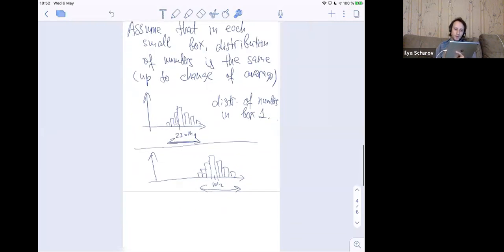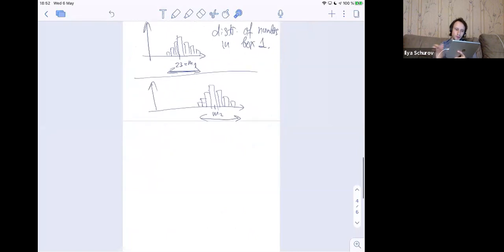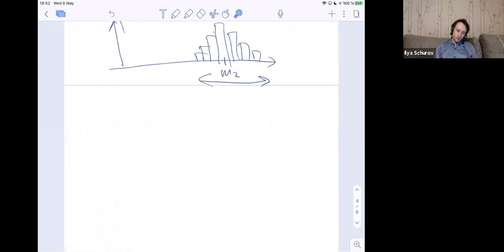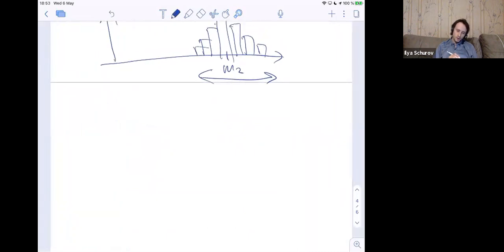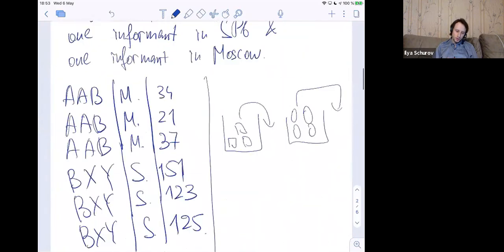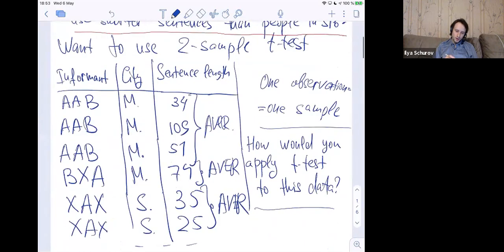Now let me introduce the corresponding regression model. I return to my initial data. I currently work with this table without averaging, with my original table.